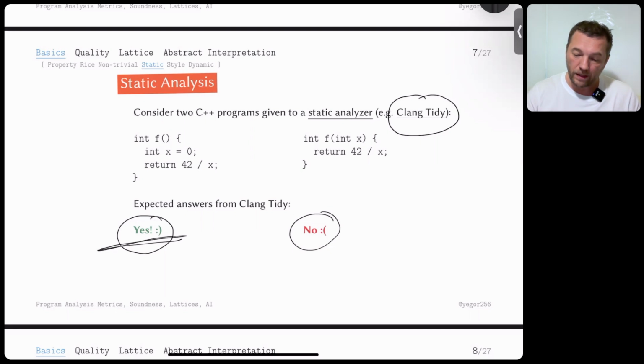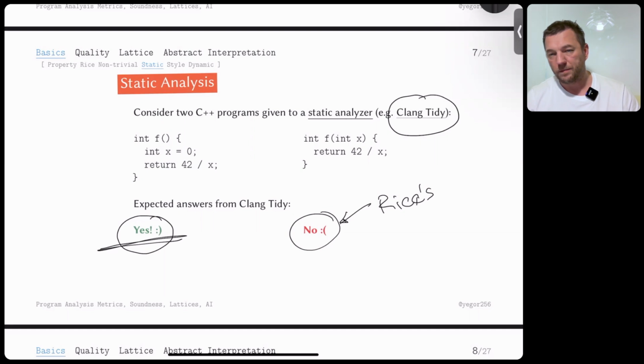But we know that no doesn't mean that the bug is not there, because we remember the Rice theorem, which says that it's not possible to create such an analyzer which will say no for sure. So no means the bug may still be there, some bugs. Because making a static analyzer 100% sure is not technically possible, not even theoretically possible.